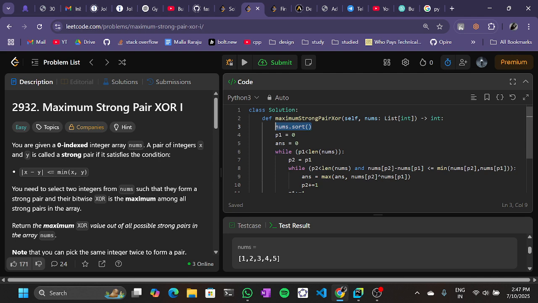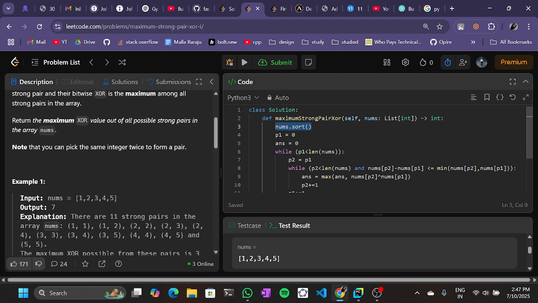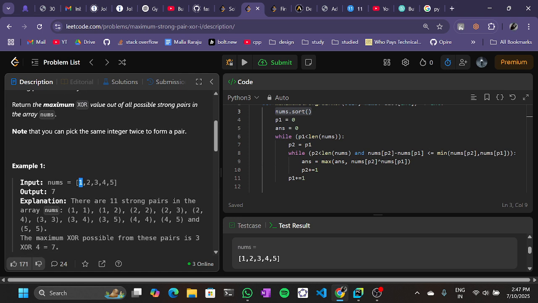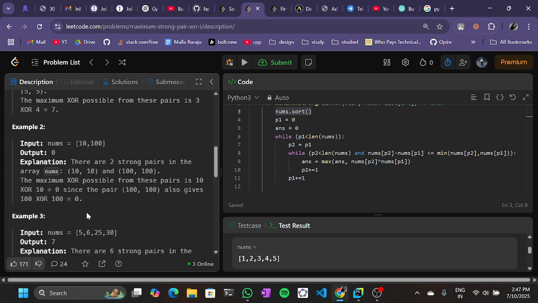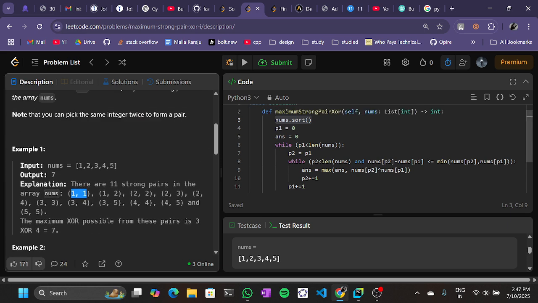We are sorting the numbers, and initially keeping two pointers, p1 and p2, and obviously the difference between p1 and p2 will be less than or equal to the minimum of p1 and p2.